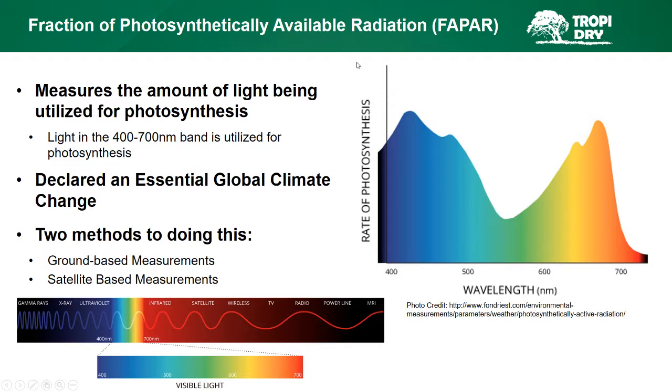Now, we will talk about the fraction of photosynthetically available radiation, or FAPAR. So FAPAR utilizes the fact that photosynthesis primarily occurs in the presence of radiation with a wavelength of 400 to 700 nanometers.